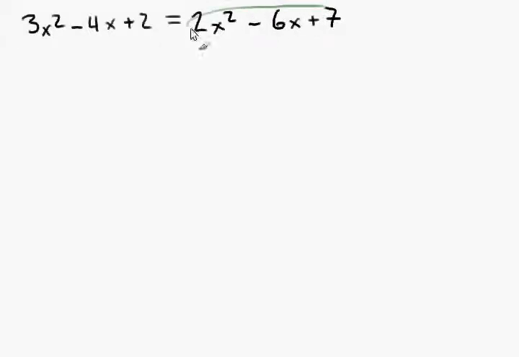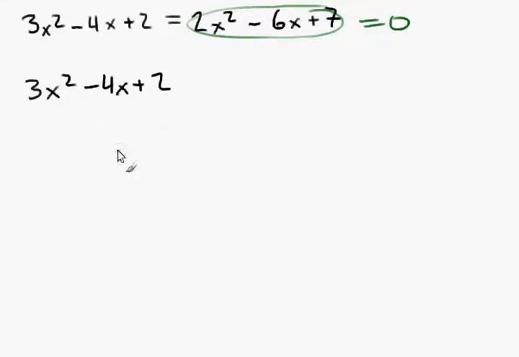That means that this better be 0. I need to have equals 0. So to get it to be equal to 0, what I want to do is subtract every single term. And to keep track of that, I'm going to set this up. Rewrite the left-hand side, and then write the right-hand side below it, but without any signs.